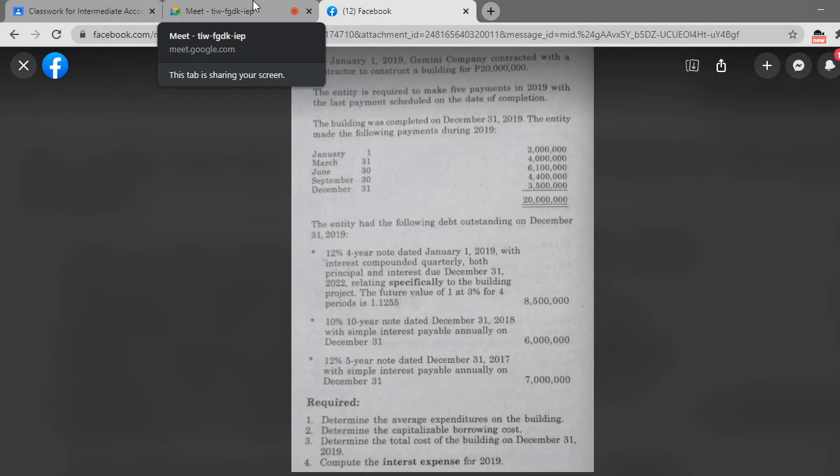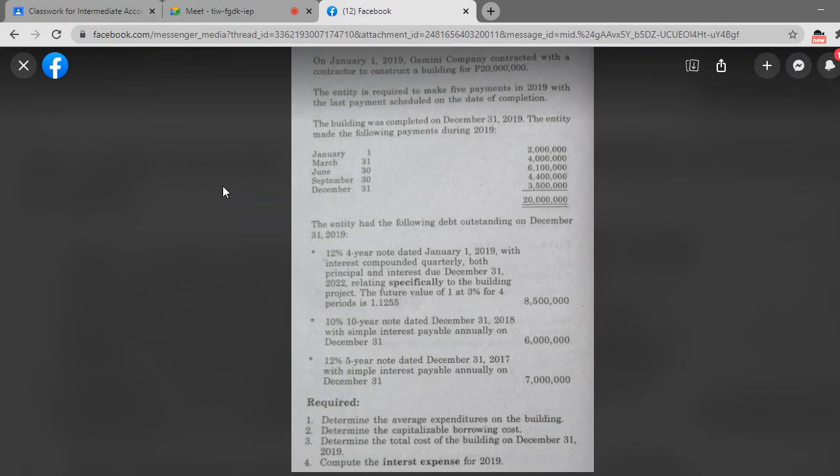Okay. So, ayan. It's the concepts that we learned earlier from all the problems we encountered previously, applied here. But what's new about this problem is that the specific borrowing is given a future value, because the interest is compounded quarterly.